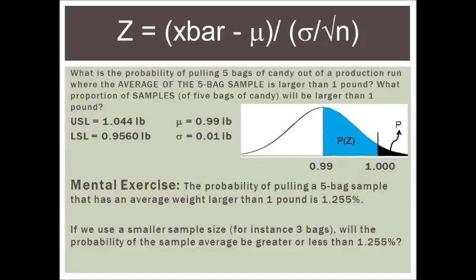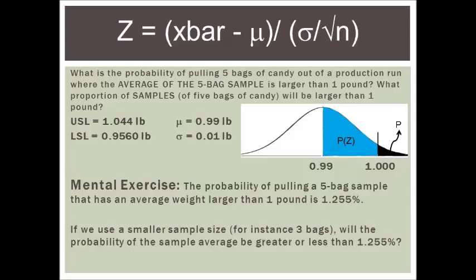Now the question is, if we use a smaller sample size, and the example I give here is 3 bags, but it could be anything smaller than 5, do you think the probability of the sample average being greater than 1 pound will be greater than or less than 1.255%? So if we take a smaller sample size, 3 bags, 2 bags, 1 bag, will we be more likely that our sample weighs more than a pound, or will we be less likely? And we'll actually calculate it, so we'll know for sure. But let's see if we can think through it.